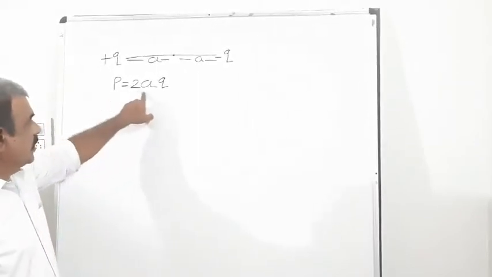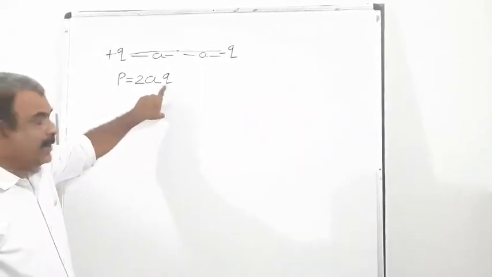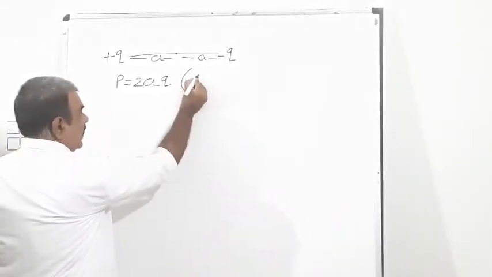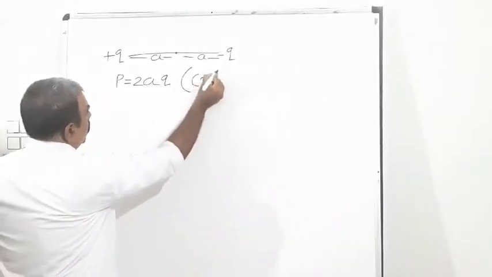Dipole moment is the product of the distance between the two charges into the value of any one charge. I'll write down its SI unit in brackets, that is coulomb meter.